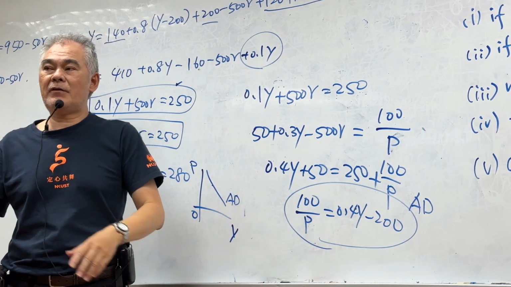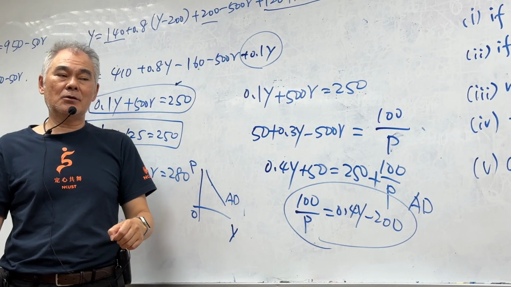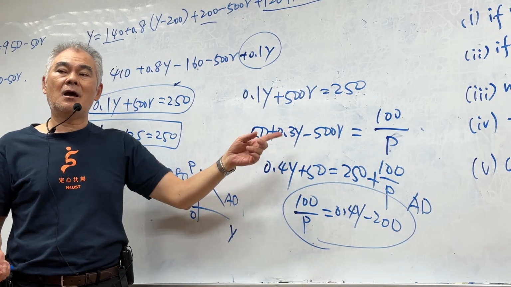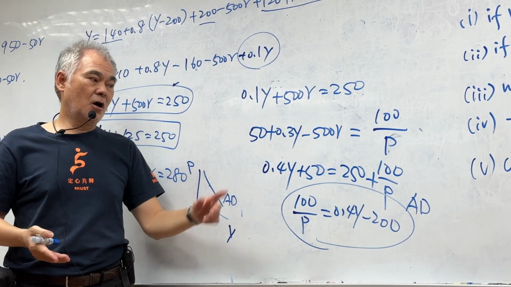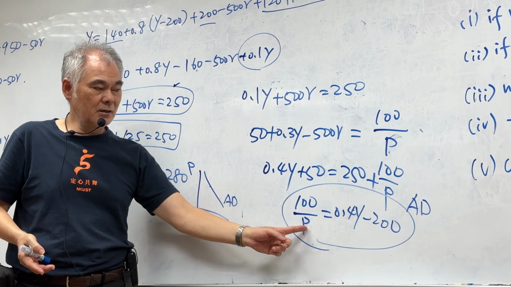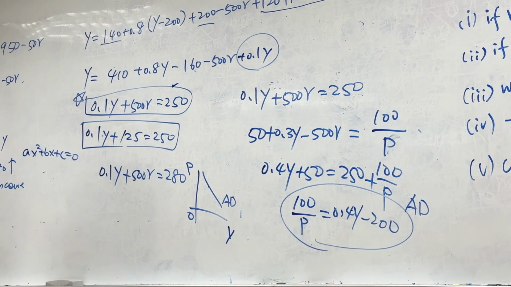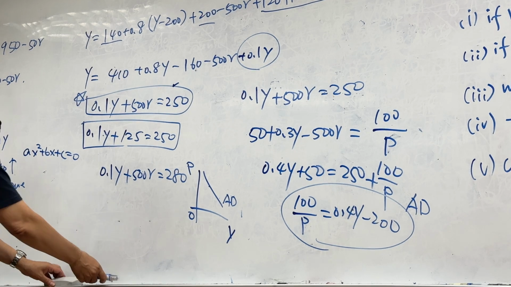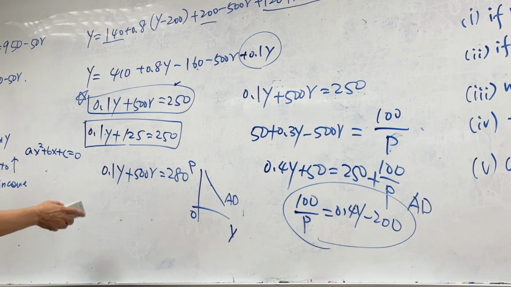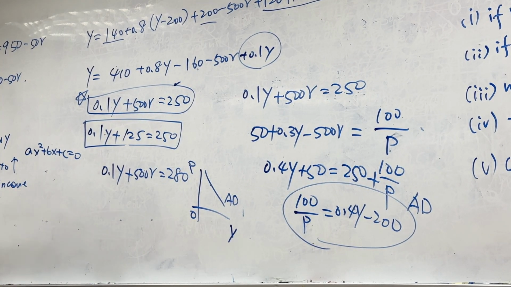But even if it is not the case, what you need to do is the same thing, get R out of the equation. Then you have P here and Y here. Questions? Okay, let me erase it. We're going to deal with this one.